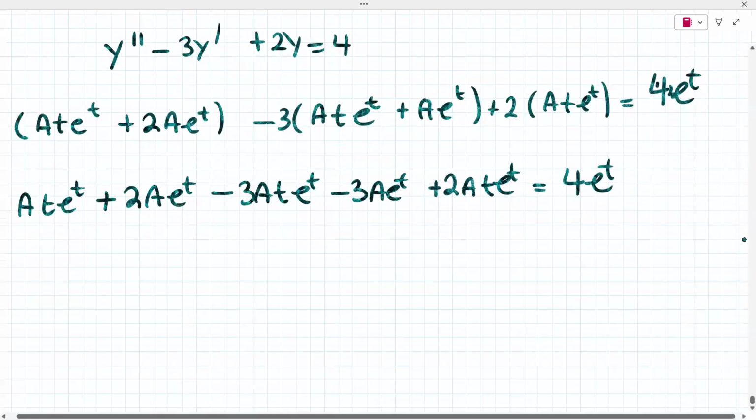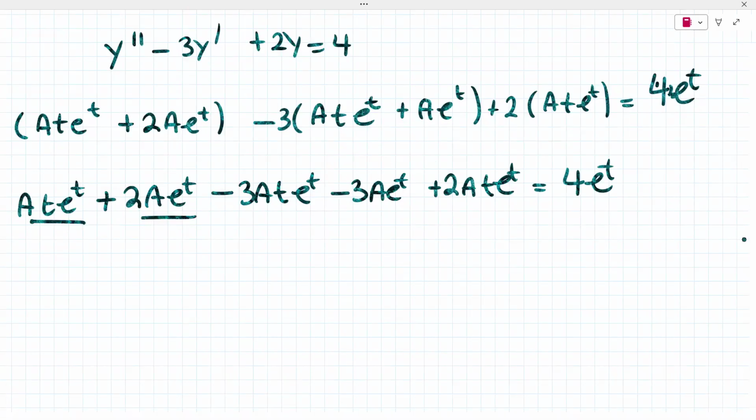And then you might want to collect like terms. So you can collect anything with the e to the t. When you do that, you're going to get negative a e to the t, and 4e to the t on the right. So they all have an e to the t, right?